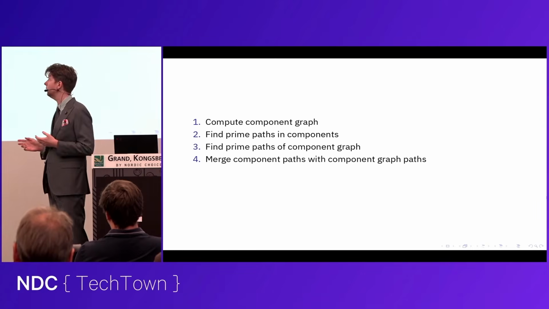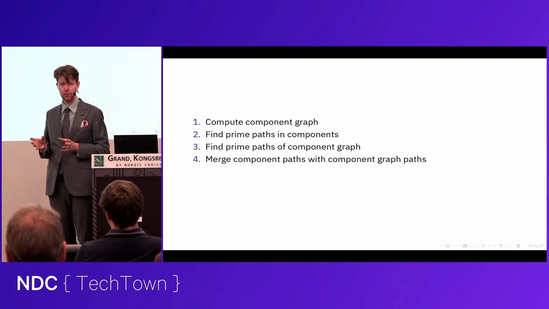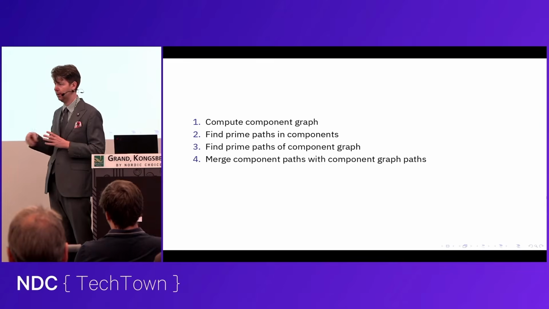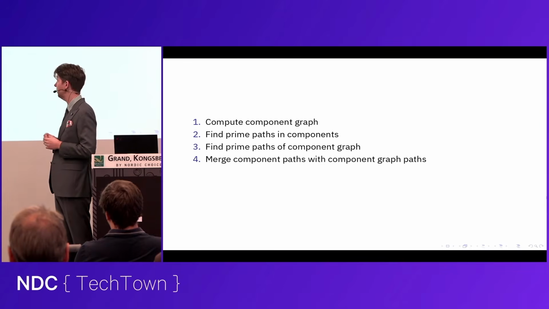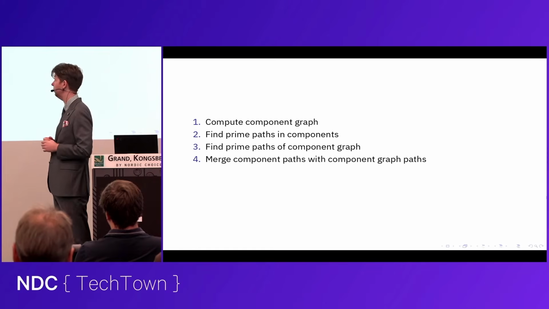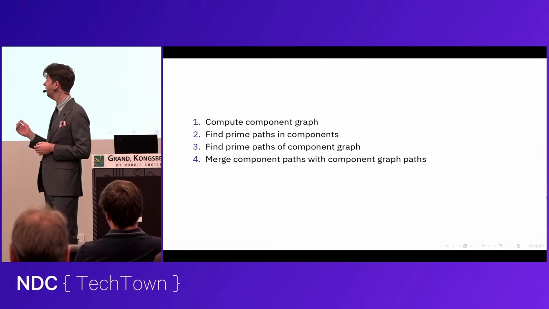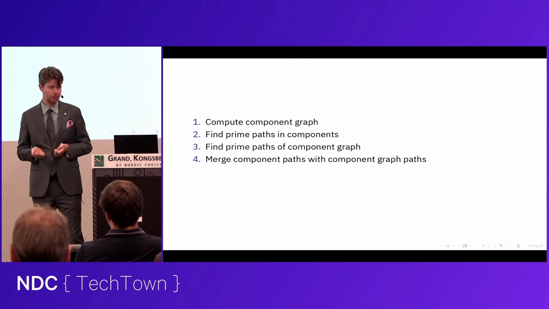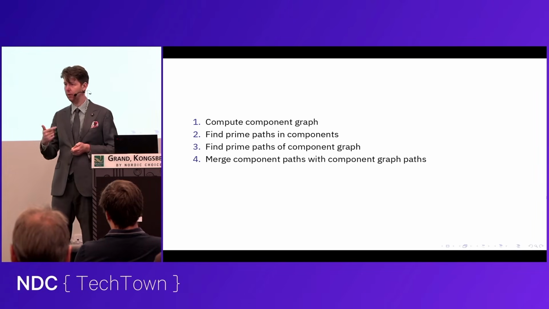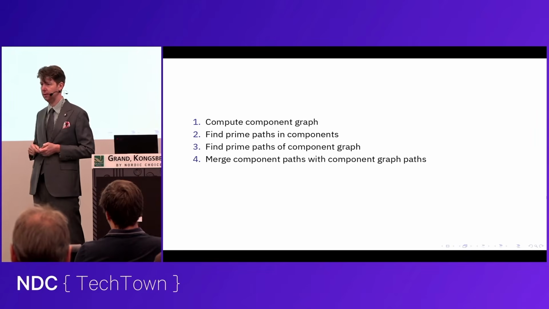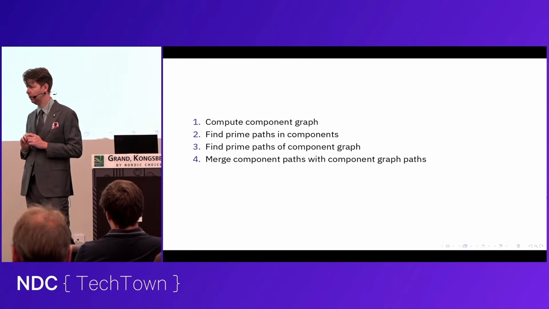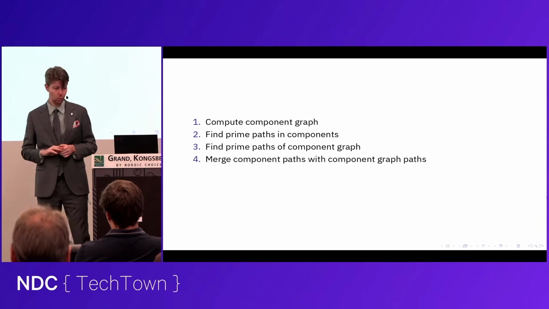So the way it works is that we compute a component graph. Right? And a component is anything that's properly self-contained that you can replace with a single vertex. And then we find the prime paths in each of the components and the prime paths of the component graph. And we merge each combination of these, and it saves us from redoing a lot of work.